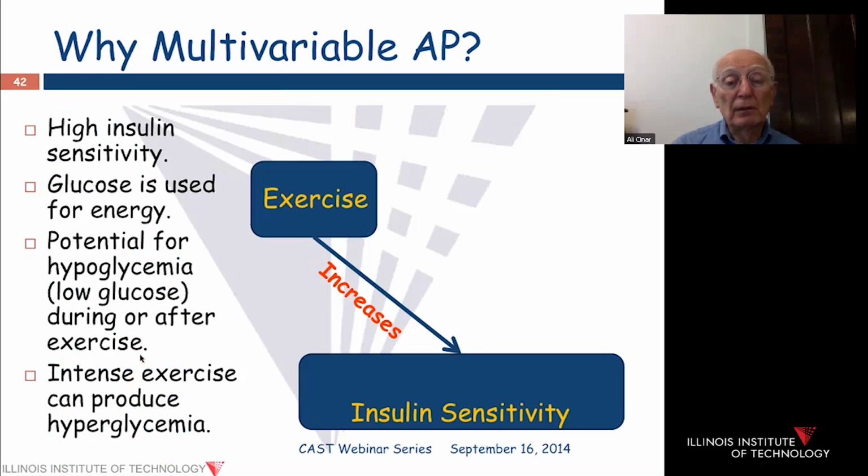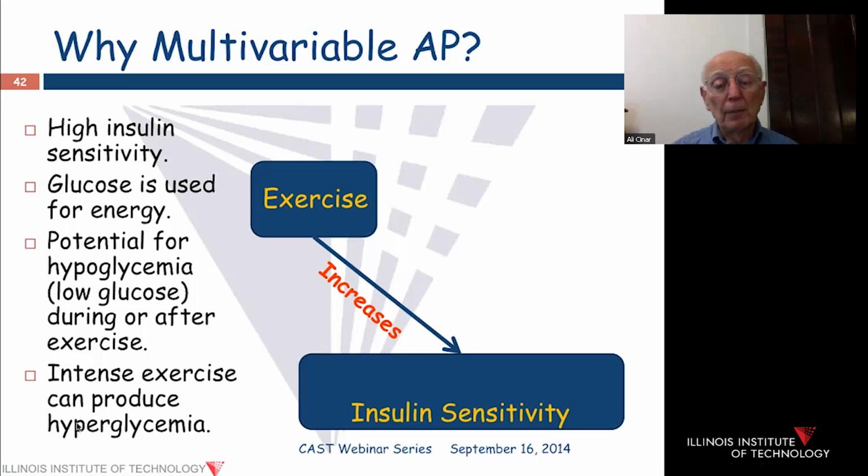And to make matters worse, this is correct for low intensity and medium intensity exercise, but with high intensity exercise, things change, and there is a potential to go to hyperglycemia as opposed to hypoglycemia.